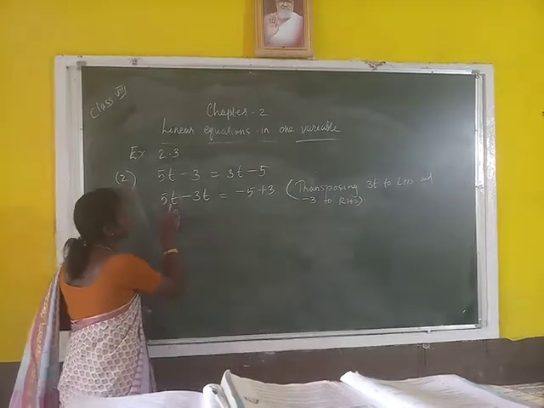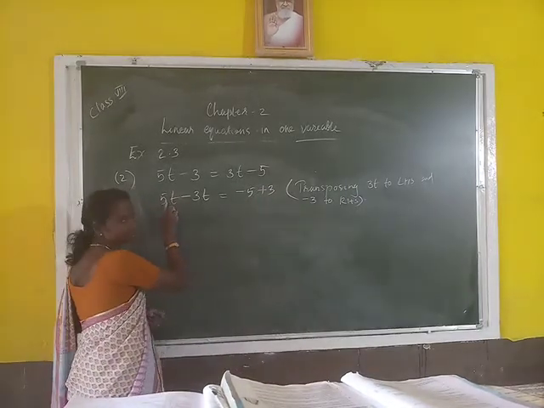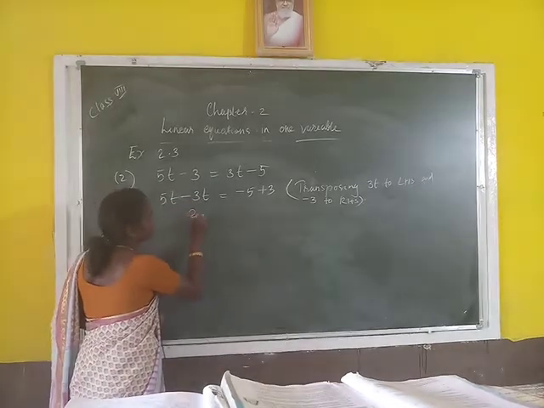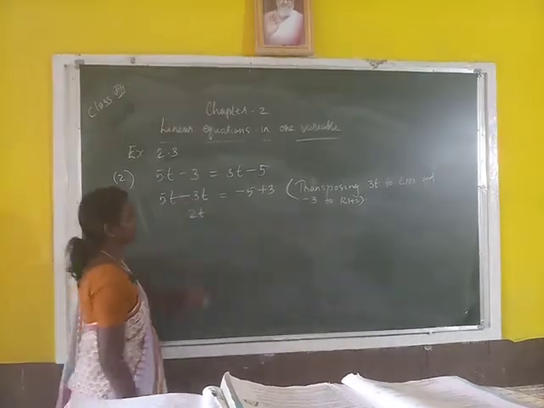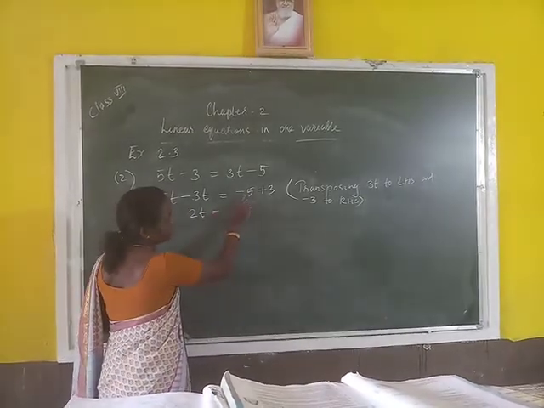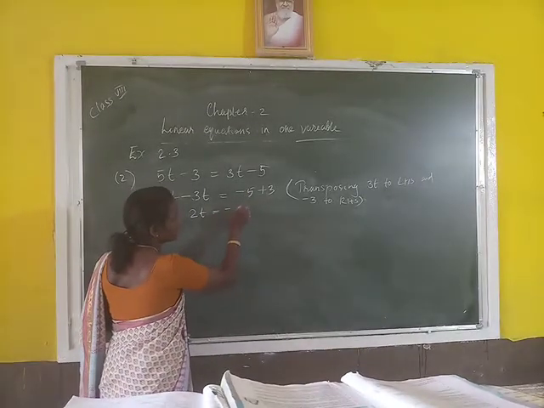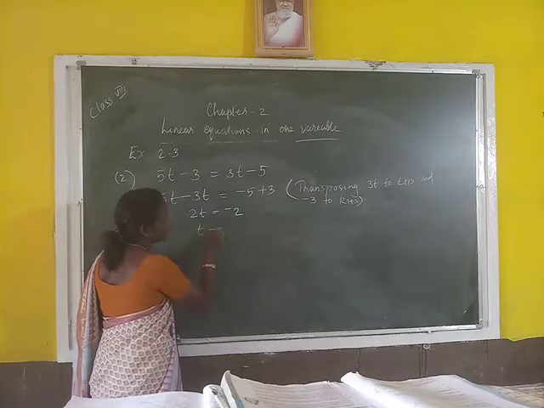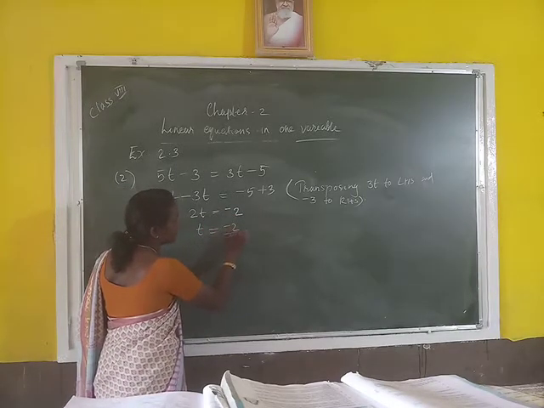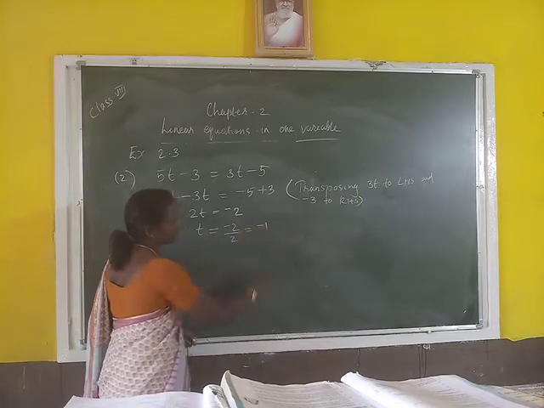Then 5t minus 3t is 2t, that means 5 minus 3 is equal to 2, and t is equal to negative 5 plus 3, negative 2. Then 2t is equal to negative 2, so t is negative 2 by 2. What is its answer? Negative 1.